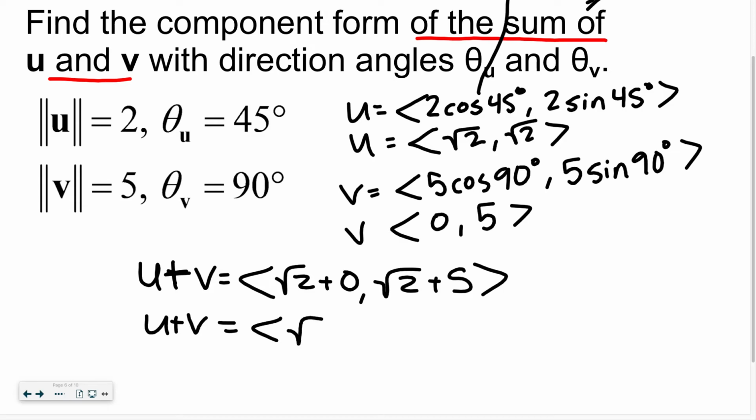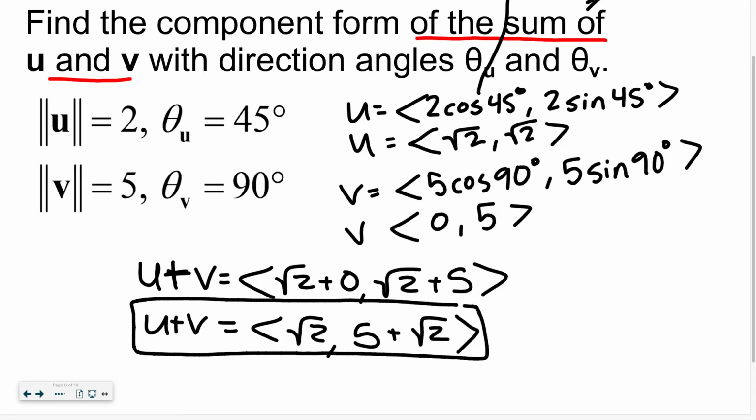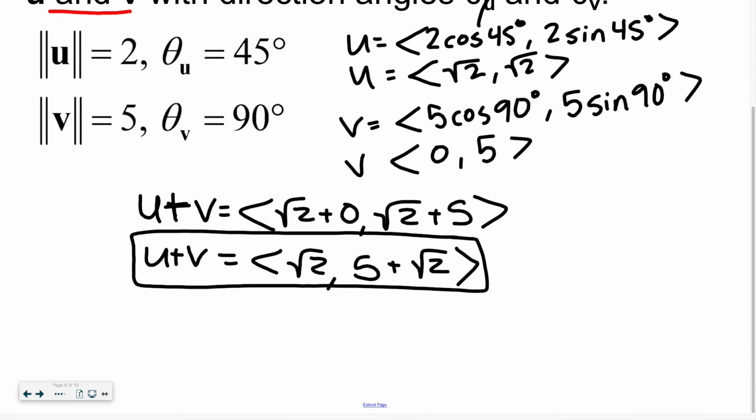So that will be the square root of 2. However you write this is fine. I normally write a number before a radical, so I would rearrange it, but if you wrote square root 2 plus 5, that would be fine. Okay, so it said find the component form of the sum of u and v.